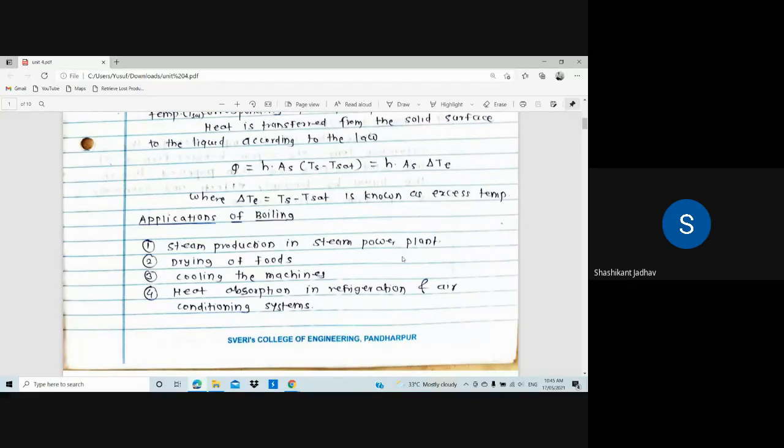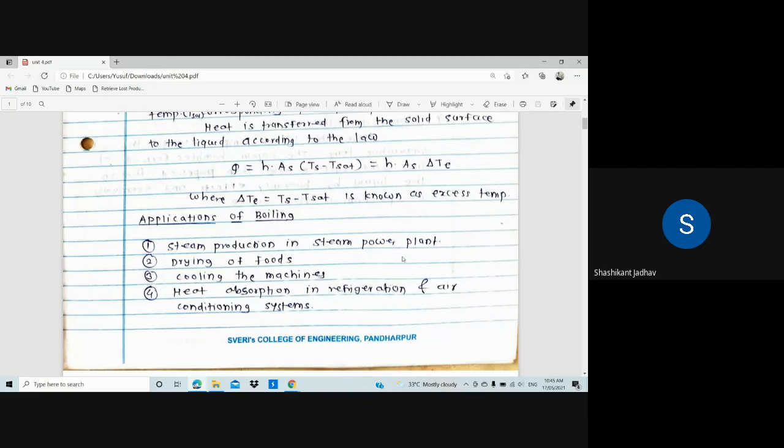Okay, so these are the applications of the boiling: steam production in steam power plant, then drying of foods, then cooling the machines, and heat absorption in refrigeration and air conditioning systems.